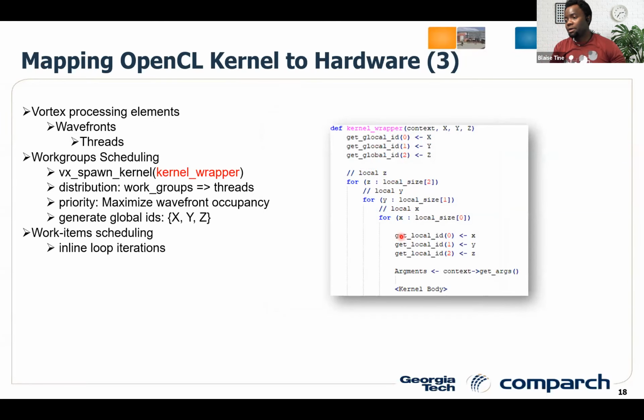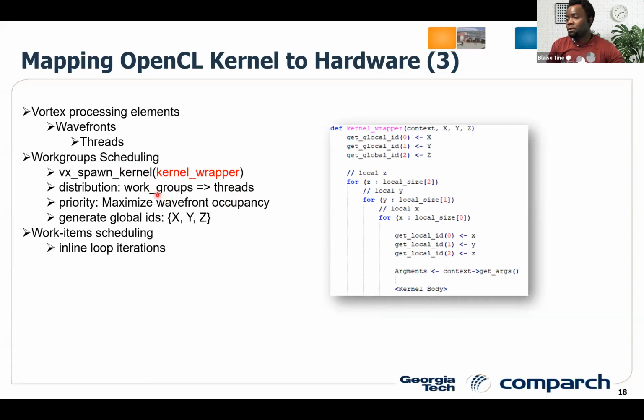So what happens in the compiler is we take the specific kernel, and then we create a wrapper around it. Vortex will distribute the work groups, the global size, among all of the threads.